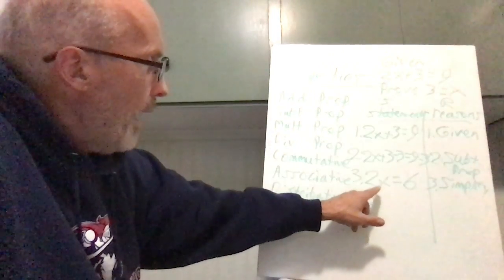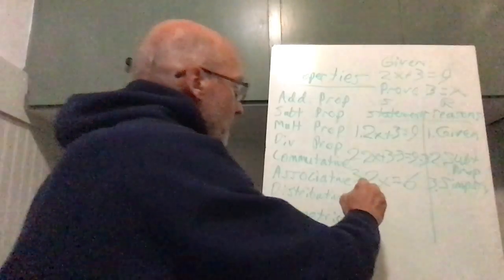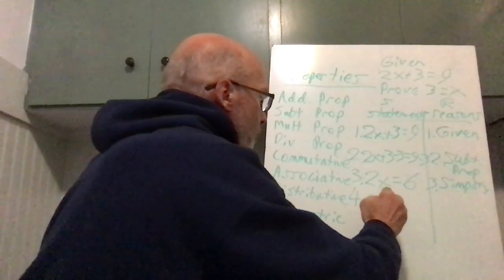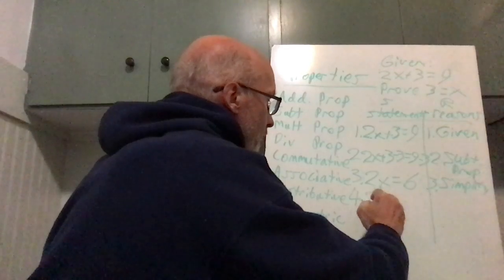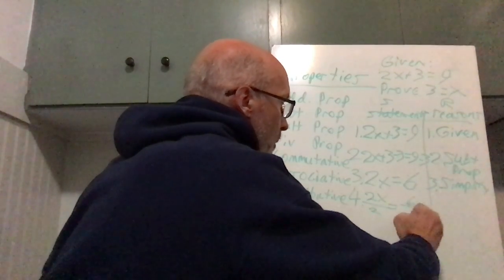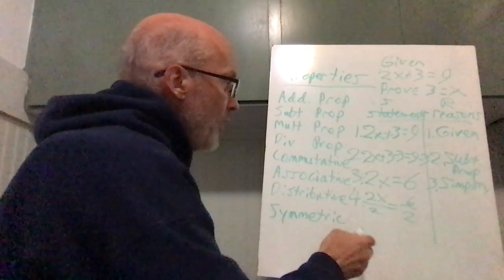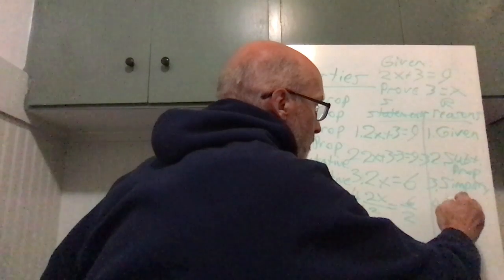Now, last step, we want to get rid of the 2. We want to divide both sides by 2. So we have 2x divided by 2 equals 6 divided by 2. The reason why we can divide both sides by 2, of course, is the division property.